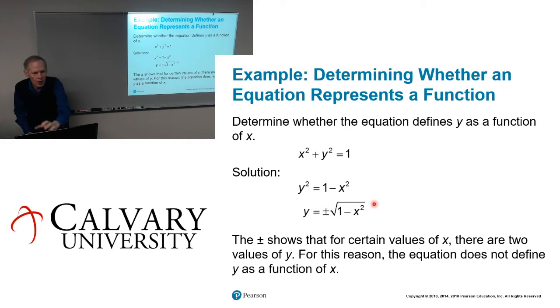Because of that, it would show that that is an example of a relation that is not a function, because y could correspond to a positive value, and the same value of x can correspond to a negative value of y. So that's an example of not a function.